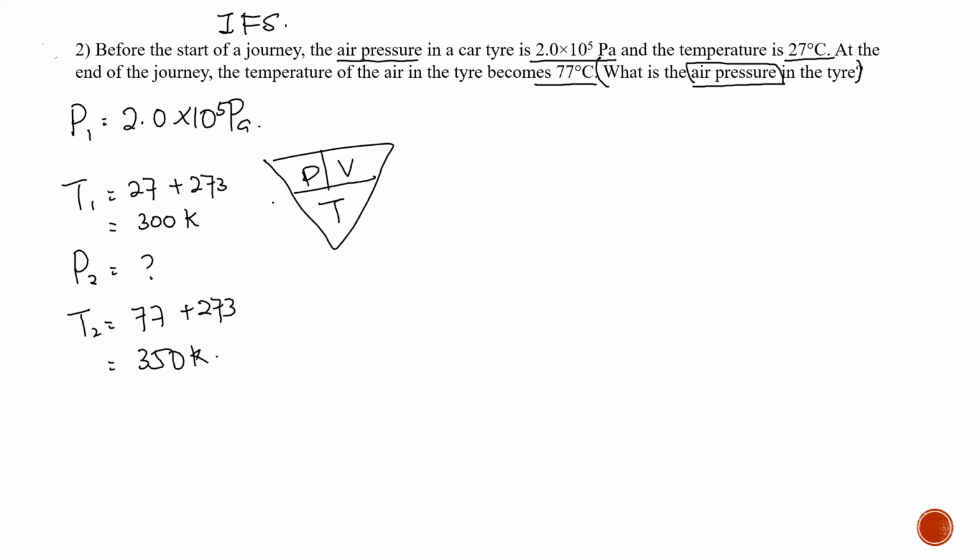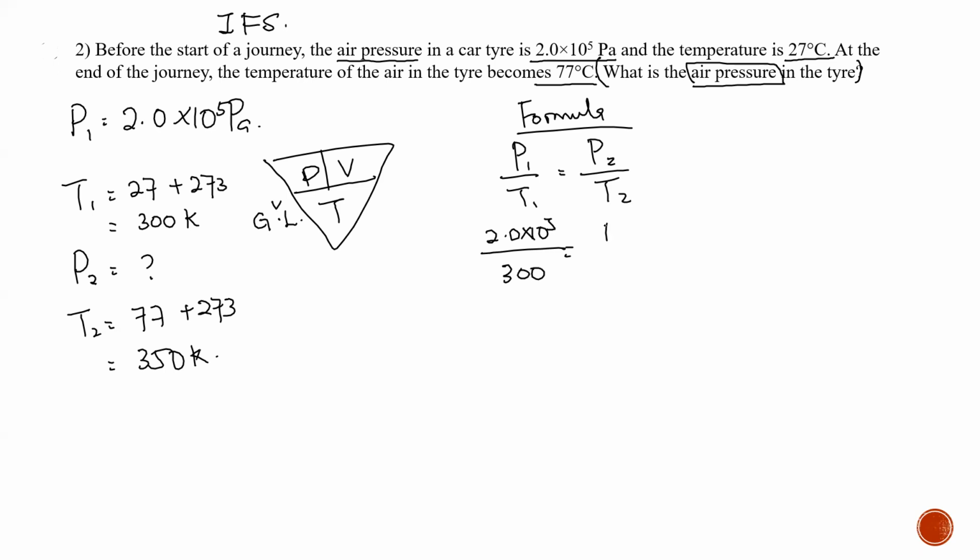P V over T. Yes, still Gay-Lussac's law. So our formula will be P1 over T1 equals P2 over T2. So P1 would be 2.0 times 10 to the power of 5 divided by 300 K. P2 we don't know, let it be unknown, over 350.